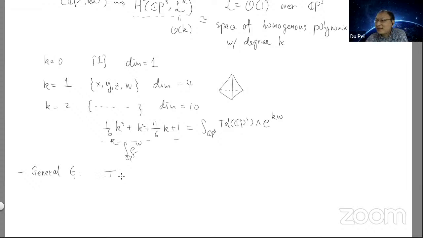First, one looks at the Cartan of the tree, and that T denotes the Lie algebra of T. This is the Cartan subgroup.